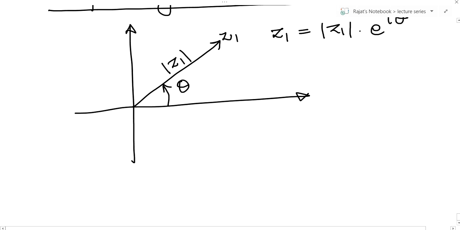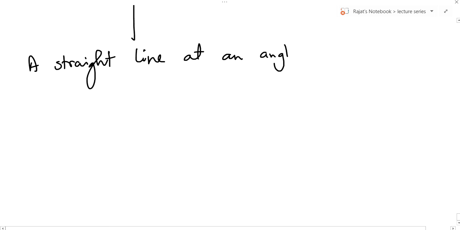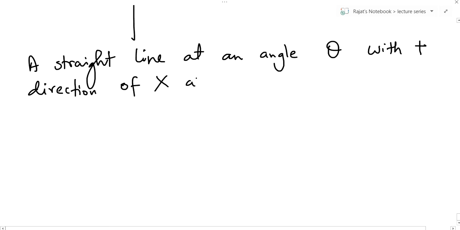Suppose there is a straight line at an angle of theta with positive direction of x-axis and passing through the origin.